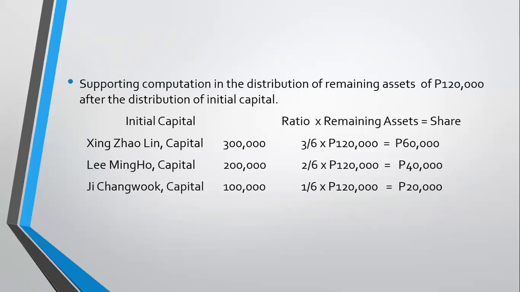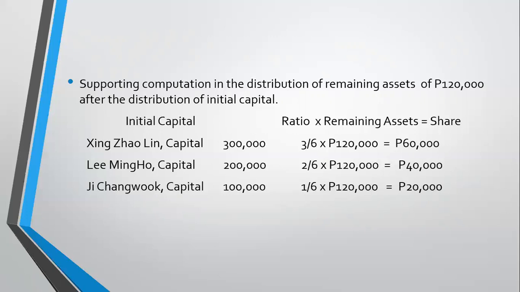Pinaikli na lang natin, kinuha na lang natin yung unang number: 3/6, 2/6, and 1/6. But kung gusto ninyo na kumpleto at isusulat ninyo lahat, that is 300/600 times 120,000 is equal to 60,000.